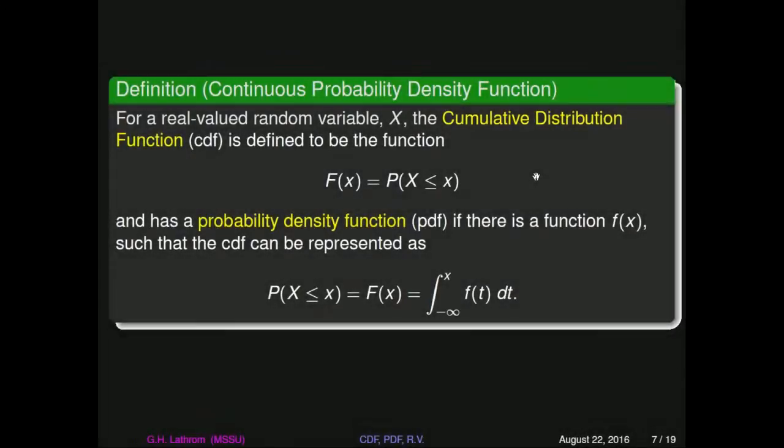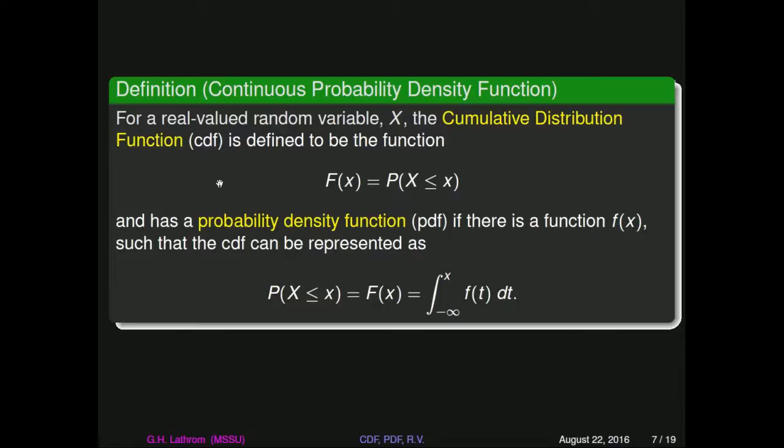So now let's define the probability density function for a continuous distribution. For a real-valued random variable X, the cumulative distribution function, the CDF, is defined to be this function: the probability that capital X is less than or equal to some little value x.